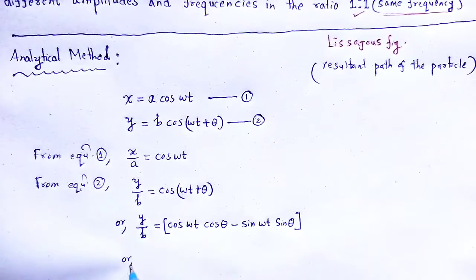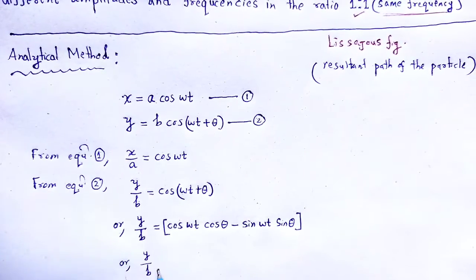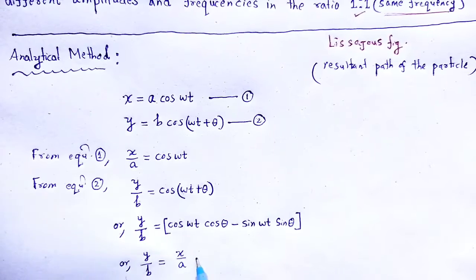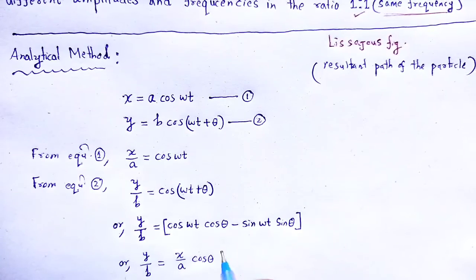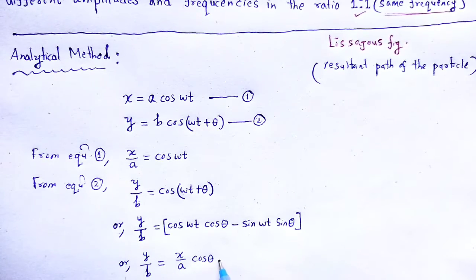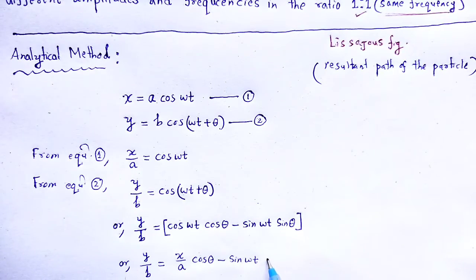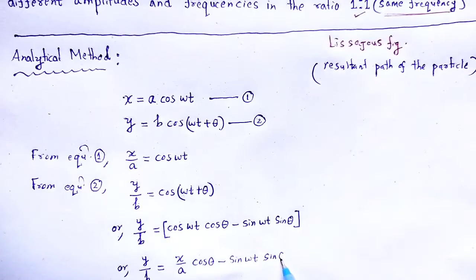Or y by b is equal to cos omega t cos theta minus sin omega t sin theta.